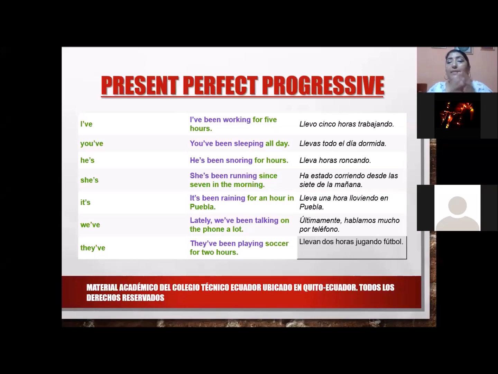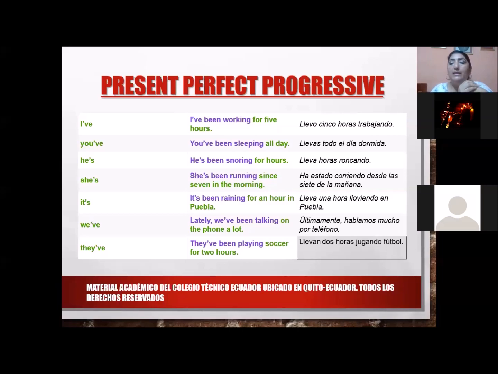Here we have the contraction. Remember, what is the contraction? The contraction is when we put together, when we join, okay? When we put together I have, we say the contraction, I've. You have, the contraction, we put together, you've.